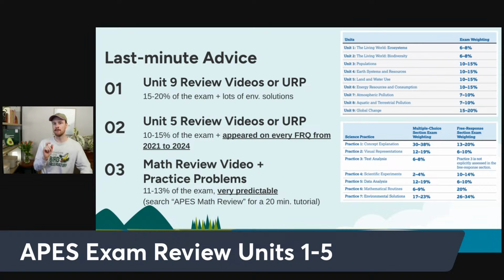I just want to tell a very brief story. On Thursday, I had an APES scholar who all year has been scoring right in the 3 range, but sometimes just a teeny bit below. So I predicted her exam score the other day using all those data. I said, you're probably going to score a 3, but lately your third FRQ, your math FRQ, has been really weak. I'm a little worried you might score a 2.